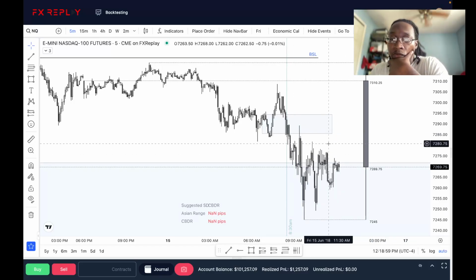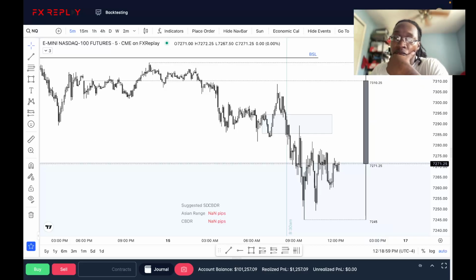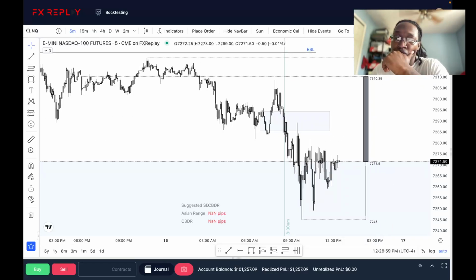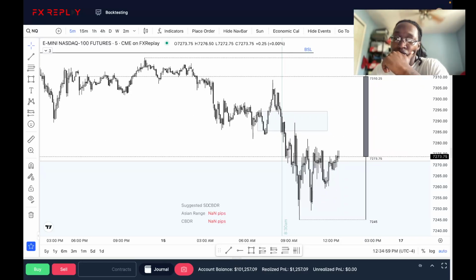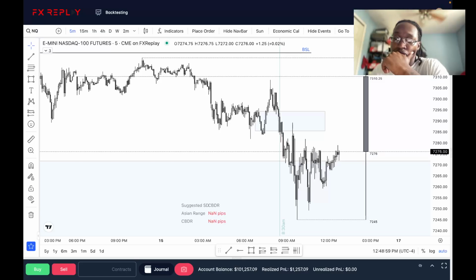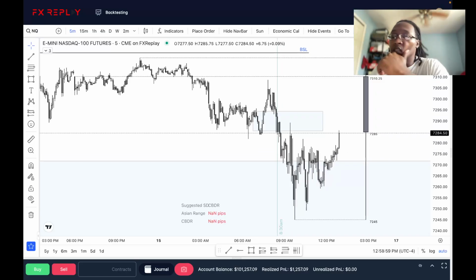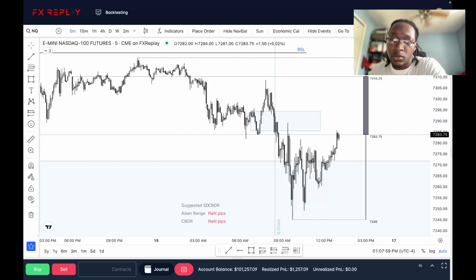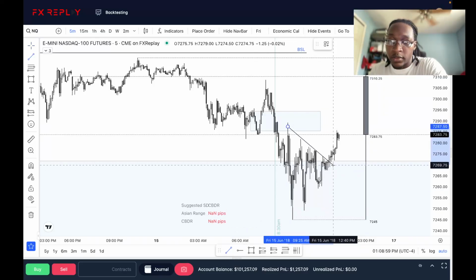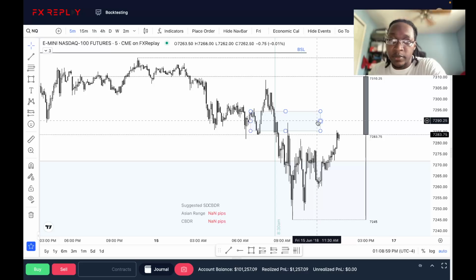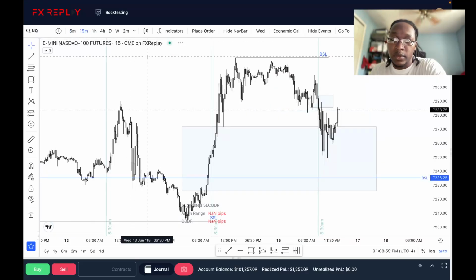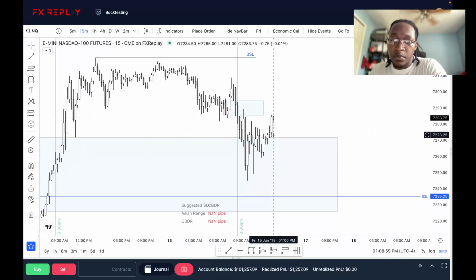Trend line of liquidity forming. This is annoying. We run that trend line of liquidity there, pushing higher into this 15-minute breaker. But this is PM session now.